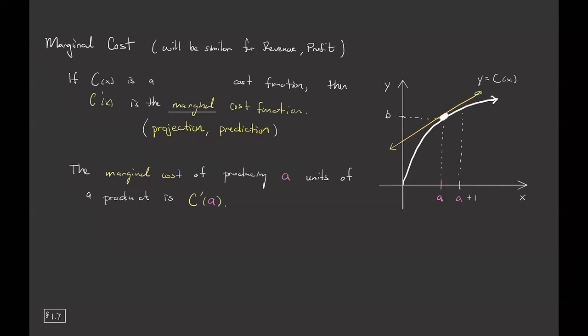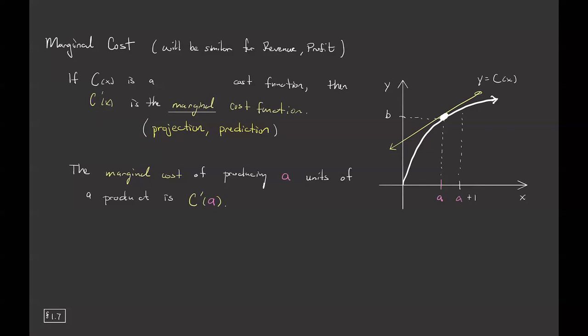In reality, it might be that your cost goes to here if you produce one more thing beyond A. And it could be that the marginal cost function here gives you a value that's, let's say, a little bit of an overshoot of what the actual one is. Actually, no, I want to take that back. I'm not going to finish that thought.